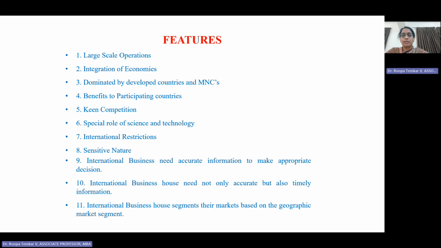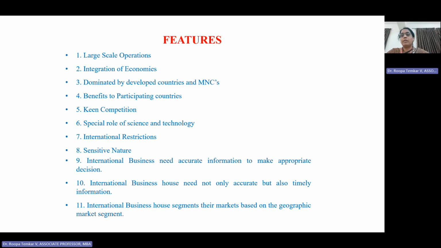And international restrictions, then sensitive nature, because say for example, today there is a war happening between Iran, Israel and USA. Because of that, most of the countries depend on such countries for oil, including the Asian countries and other parts of the world. They are exporting the oil from these nations.